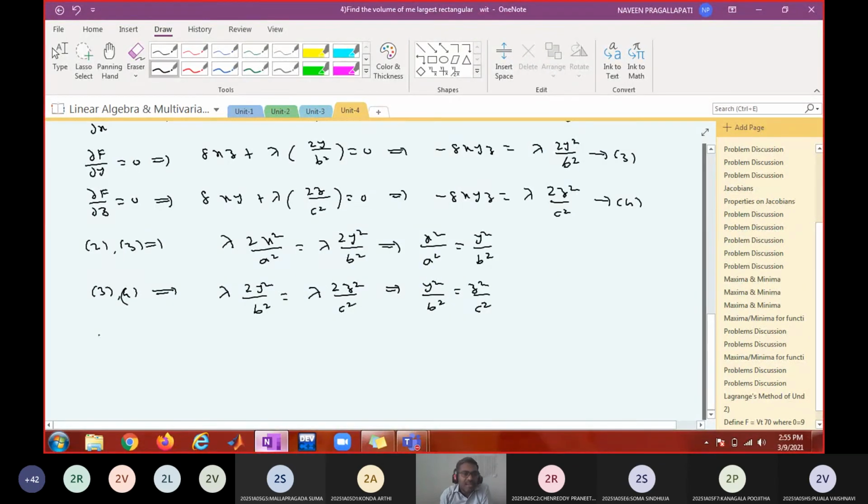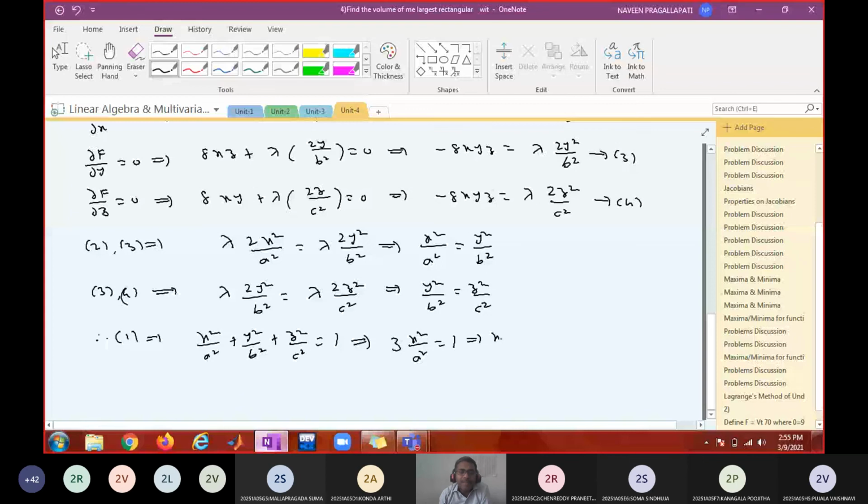Therefore, in the first equation, x square by a square plus y square by b square plus z square by c square equal to 1, we can replace y square by b square and z square by c square with x square by a square. That means 3x square by a square is equal to 1.